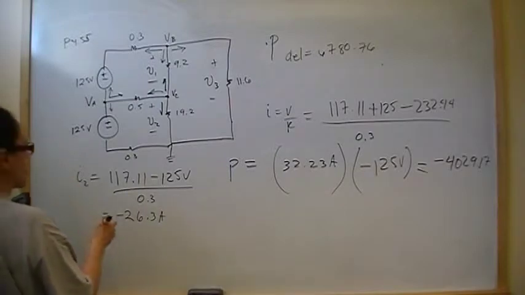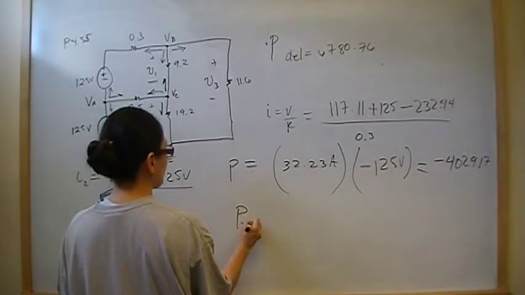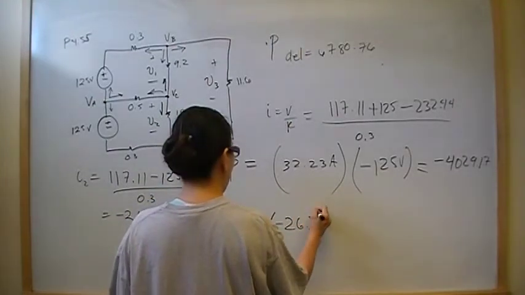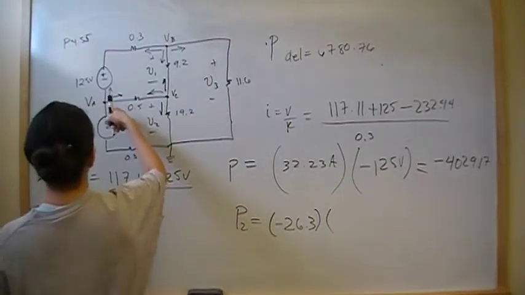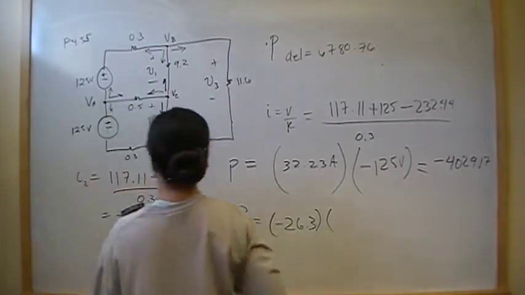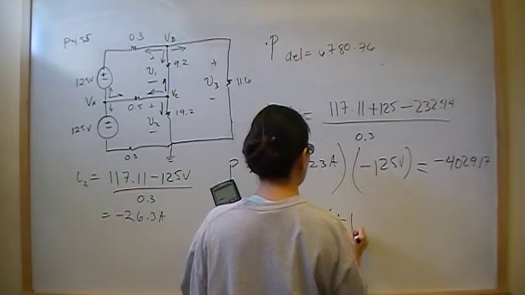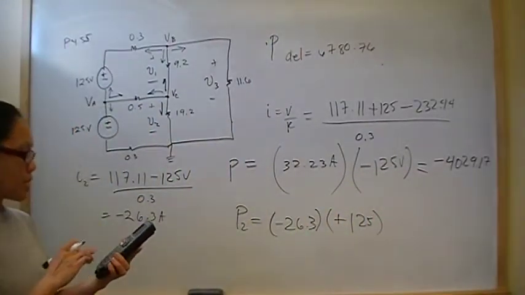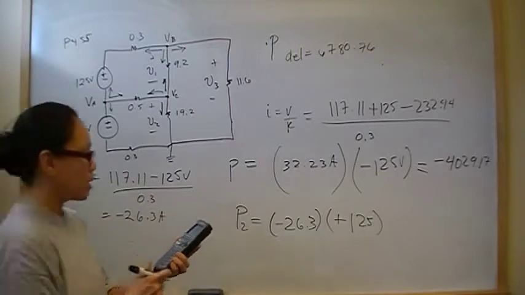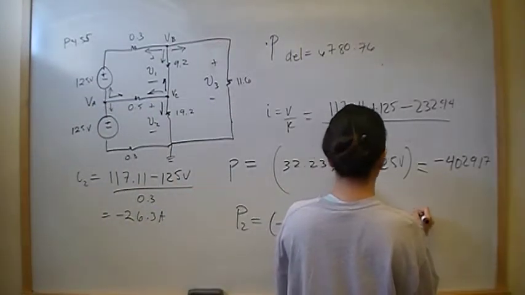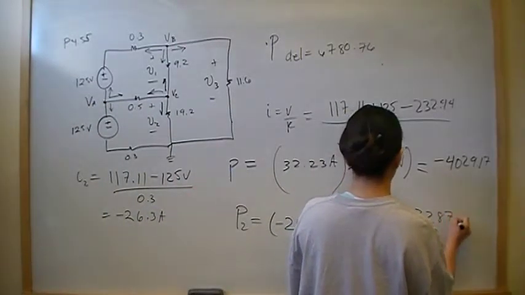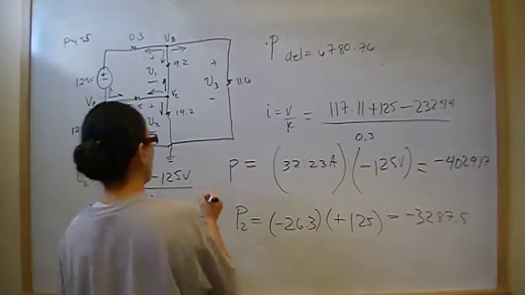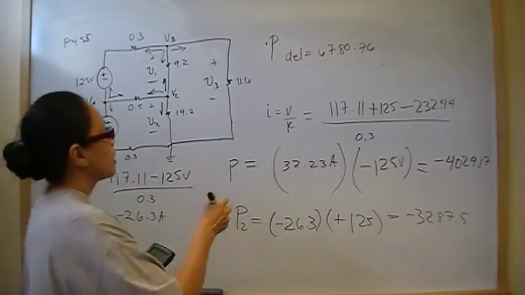That current is entering the positive terminal, so that voltage is going to be positive. So power of the second source is going to be negative 26.3 amps times plus 125, which is negative 3287.5. Okay, so now the total power is going to be the sum of those two.